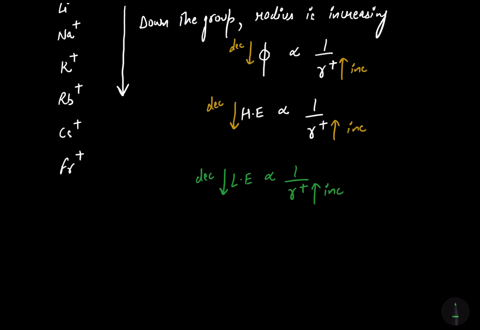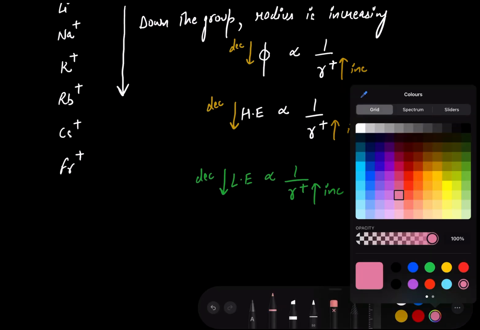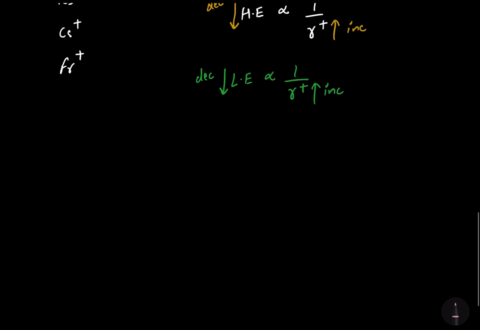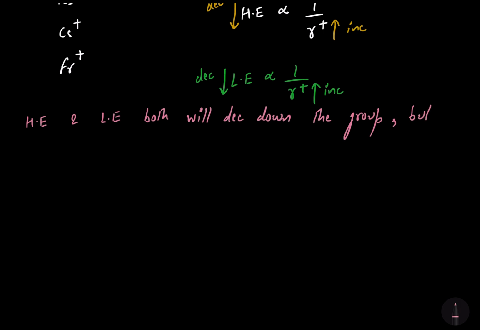So it signifies that hydration energy and lattice energy both will decrease down the group, but not in the same manner.